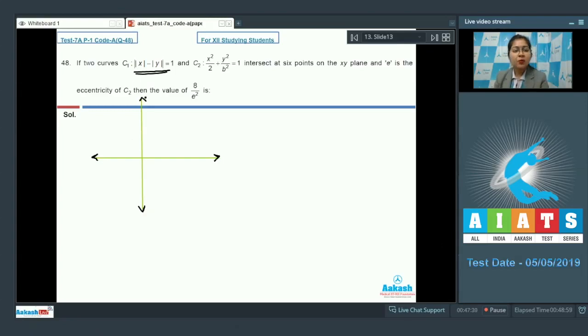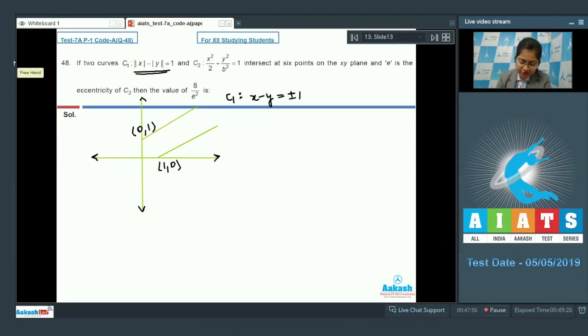In the first quadrant, mod x will be x, mod y will be y. So C1 is mod of x minus y equal to 1, that is x minus y is equal to plus minus 1. So the graph in the first quadrant will be like this one, where this point is 1, 0 and this point is 0, 1.